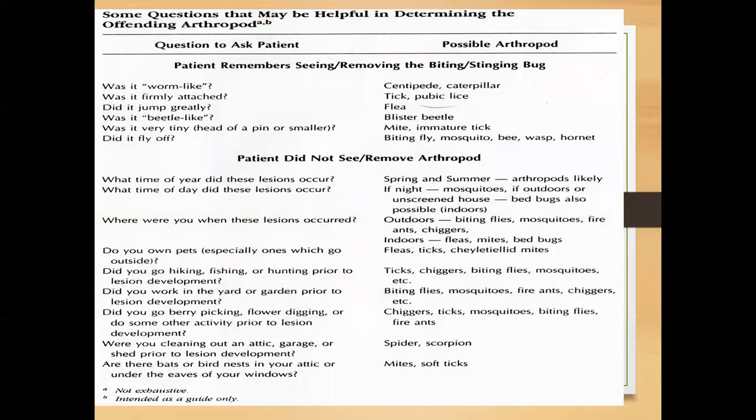Okay, this is very important and very helpful if you keep this in mind, because when a person is bitten by a venomous thing, you don't know what type of venomous thing it is.